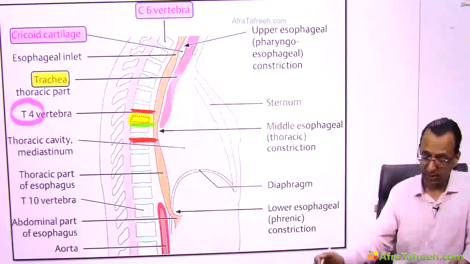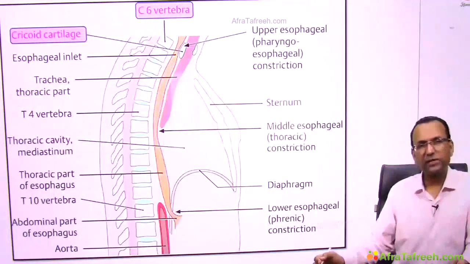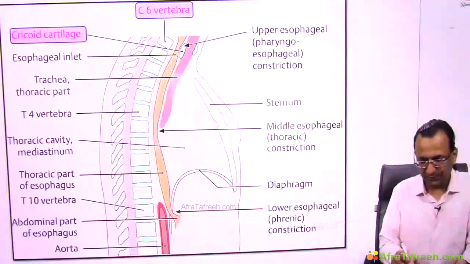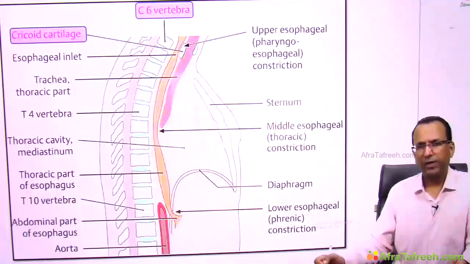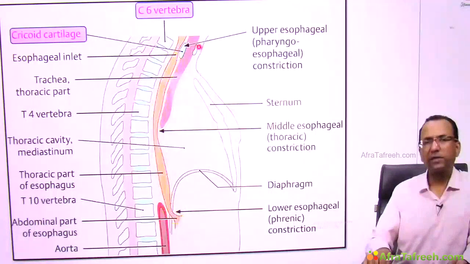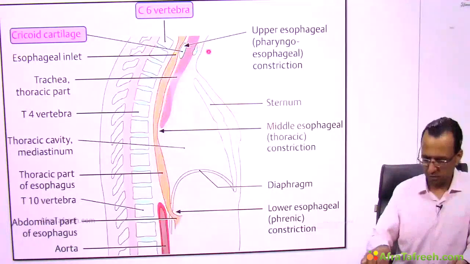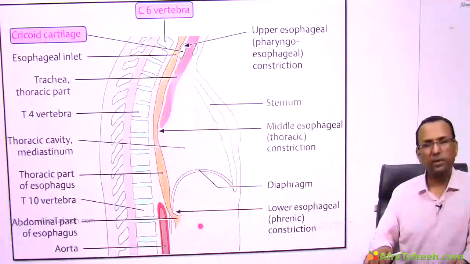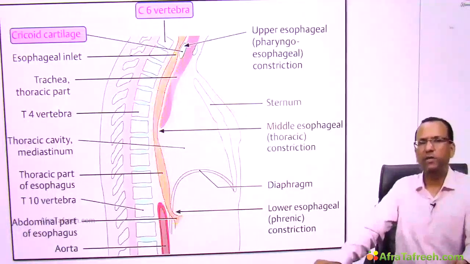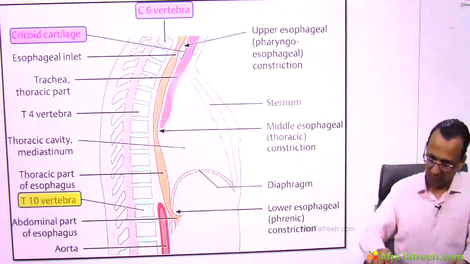At this moment, tell me, what is the length of the esophagus? I think length of the esophagus is 25 centimeter. Yes, correct. Where is it beginning? Lower border of C6 vertebra. And where is it ending? It is becoming stomach, but where is it passing through diaphragm?